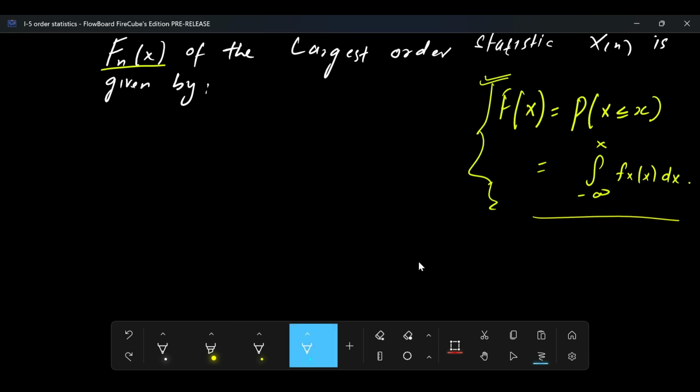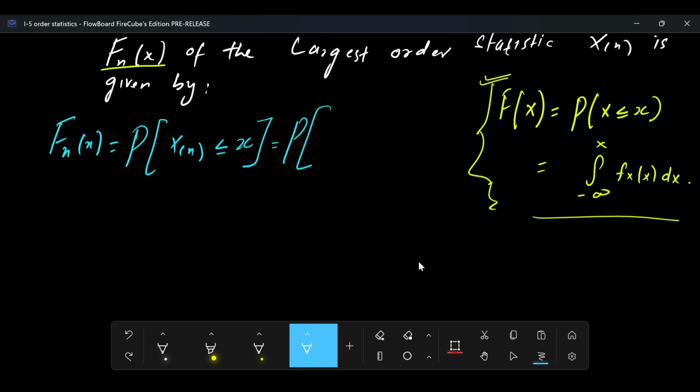Now, see, Fn(x) is equal to probability xn less or equal to small x, which is also equal to probability xi less or equal to x, where i is equal to 1, 2 and so on, right?